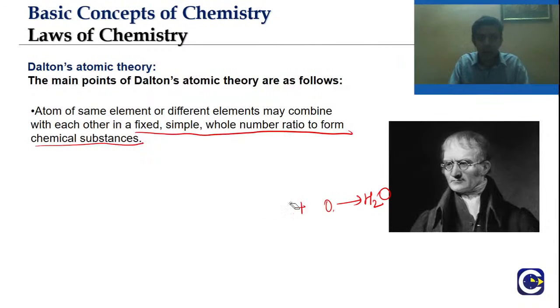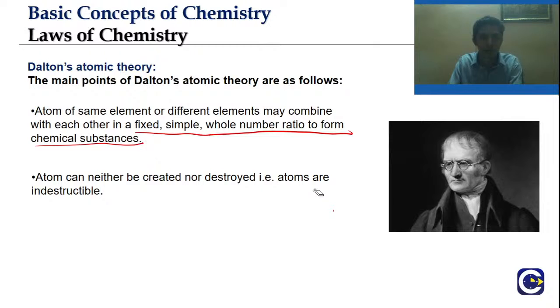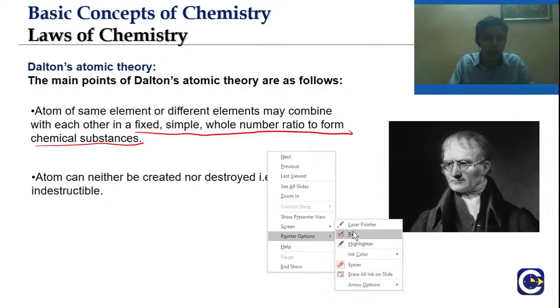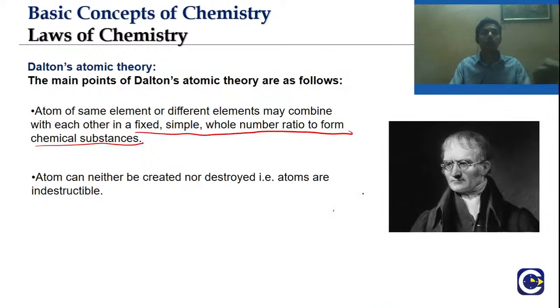Going ahead, atoms can neither be created nor be destroyed. That is, atoms are indestructible. This is also obvious. By now, you all might have understood, isn't it? If you split the atom, the property of the atom goes away.